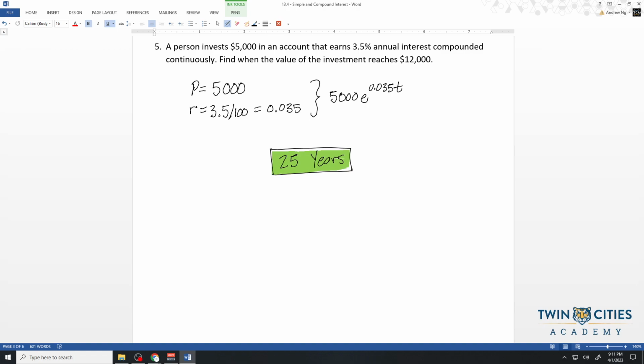In that case, you're going to use the one that has r over n to the nt, and n is going to represent how many times you're compounding. Now, if it says continuously in the problem, that should immediately mean I have to use this type of function. P times e to the rt. Still find what your initial amount is, your principal amount, what you're starting with, find what your rate is, plug them in, but plug them in this way.